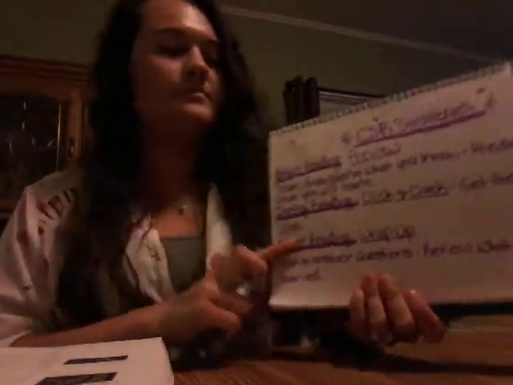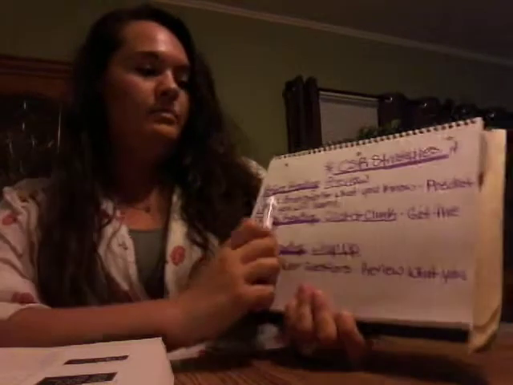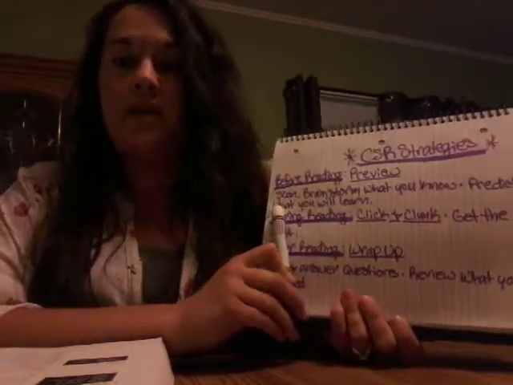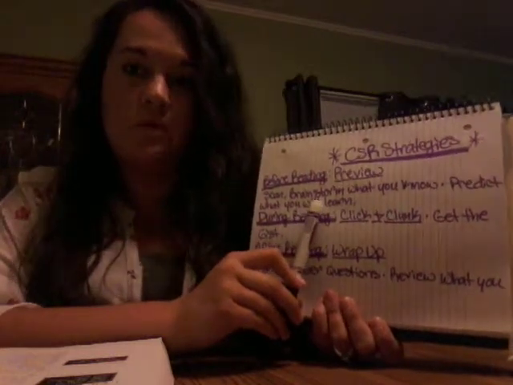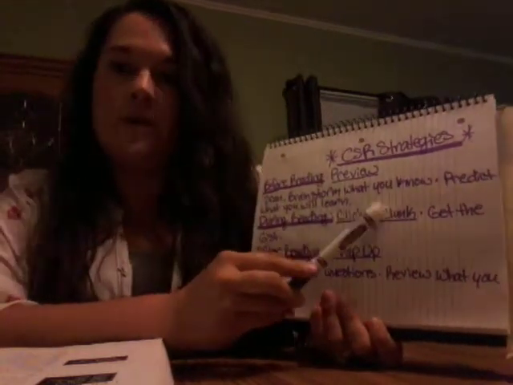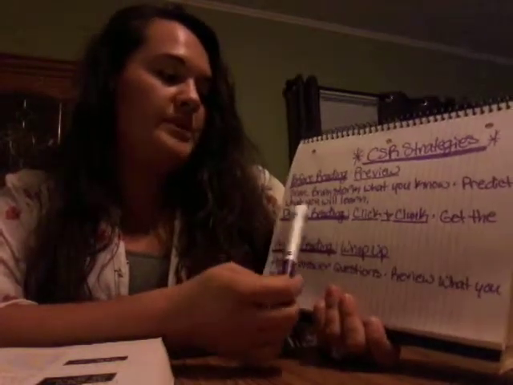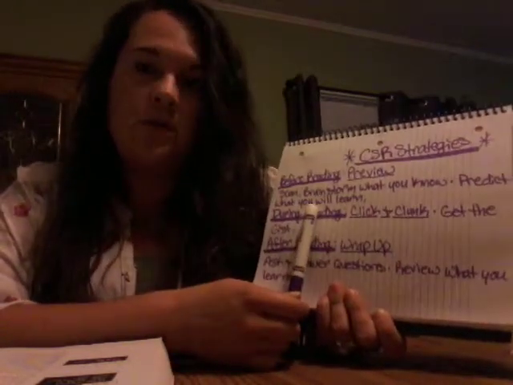And so remember, first I want you to follow your CSR chart, and before the reading preview, I want you to scan the reading, and then brainstorm what you already know in this reading, and then predict what you think you're going to learn in this reading.